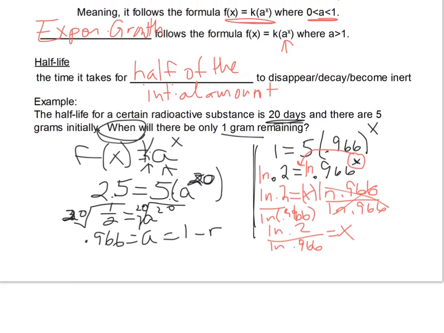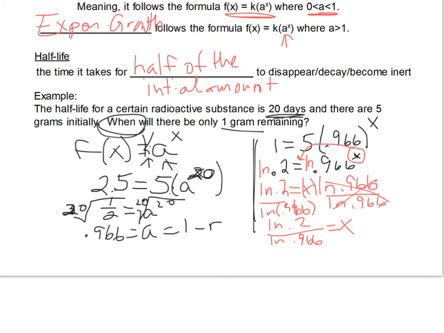You should get x is about 46.388 days. All right, so a little over 46 days. Somewhere on the 46th day, but before the 47th day, there will be only 1 gram remaining.